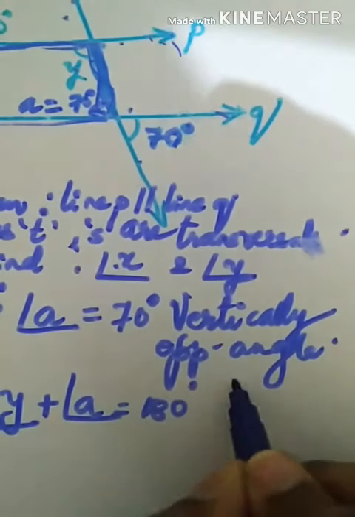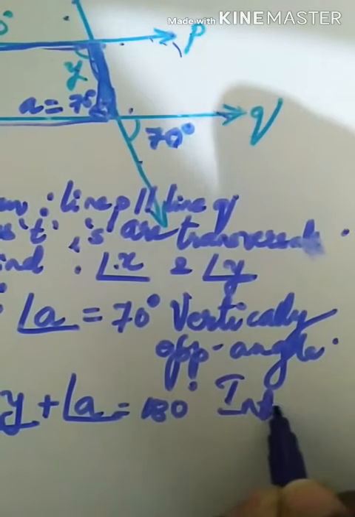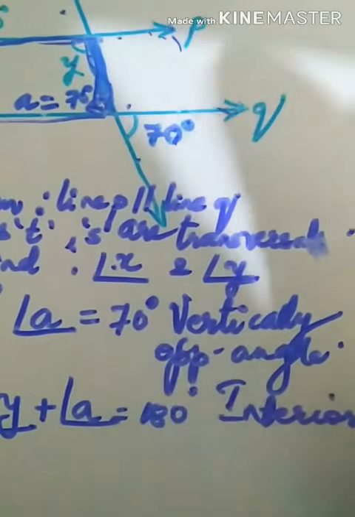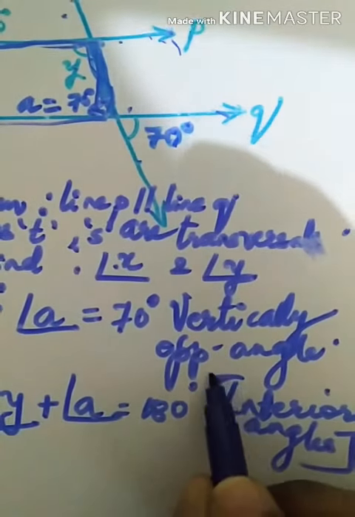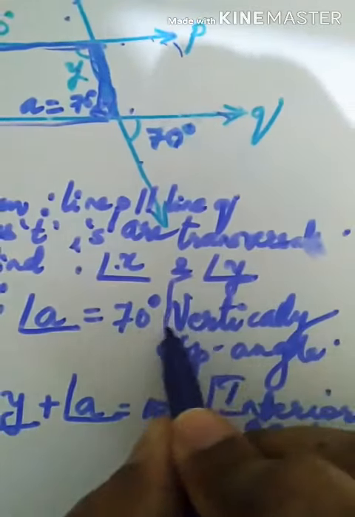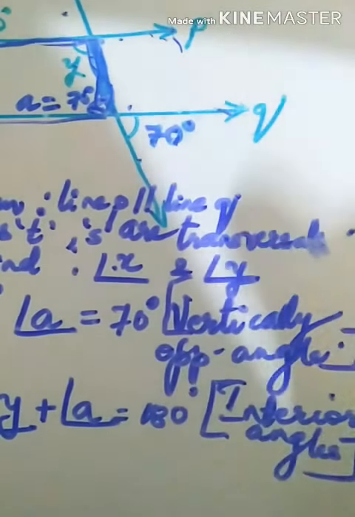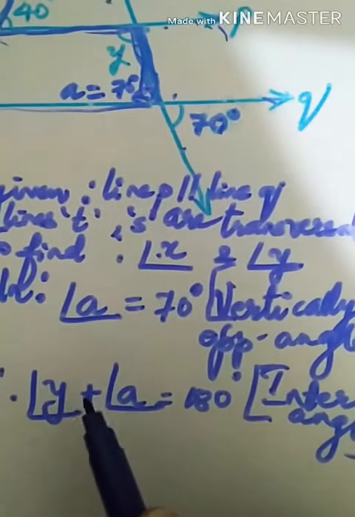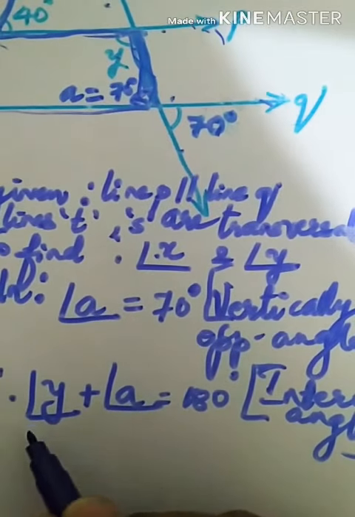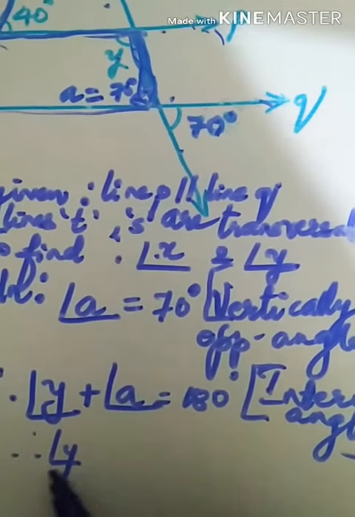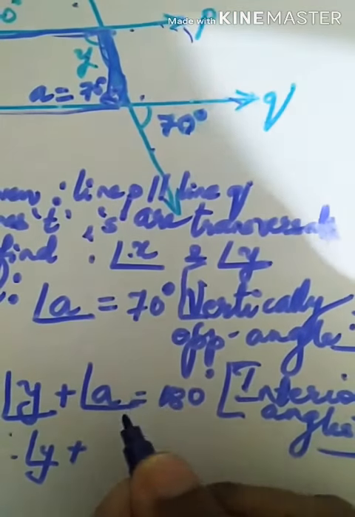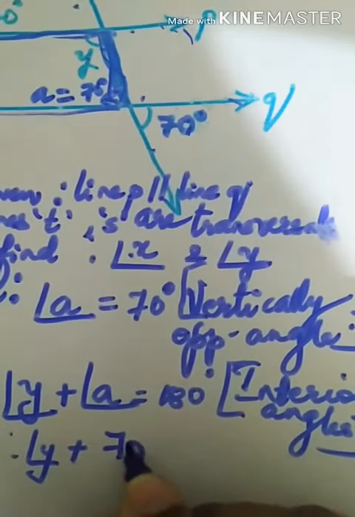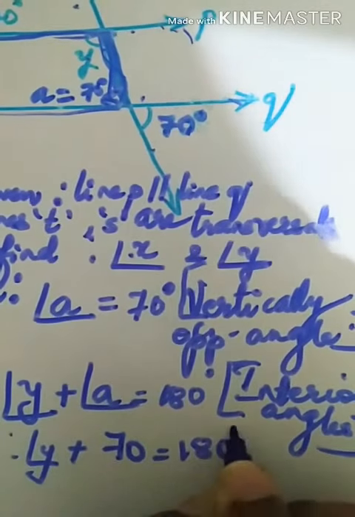Write down the reason, interior angles. Interior angles, put it in bracket. Similarly, this reason also put it in bracket. Now angle Y we know? No, we don't know. So we will write angle Y plus angle A, and just now we got angle A as 70 degree, is equal to 180 degree.